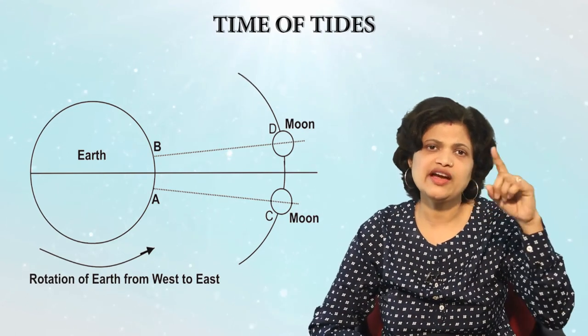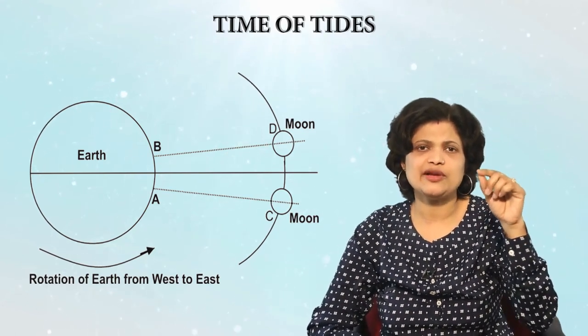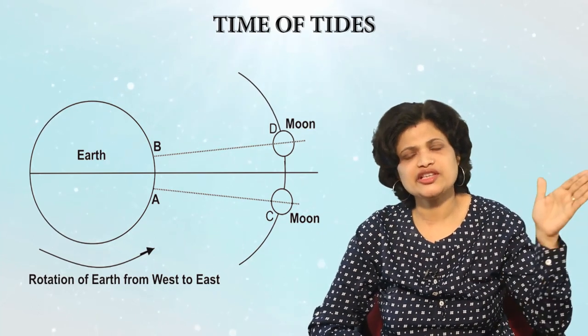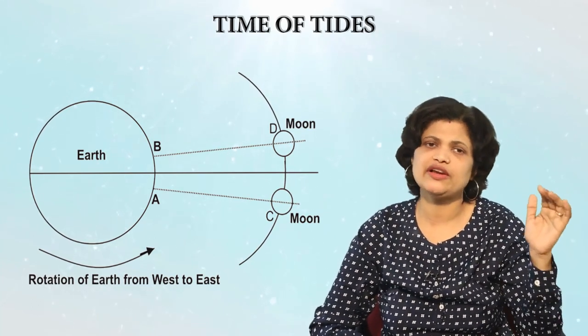So the second high tide at place A will be on the opposite side when it reaches after 12 hours 25 minutes. So this is the time lag, and you might get numericals related to this, and you will now be able to solve them. Now let us also understand the lunar months.